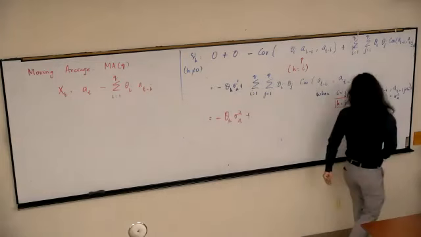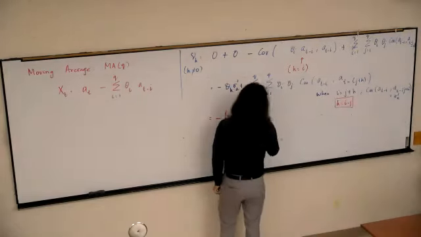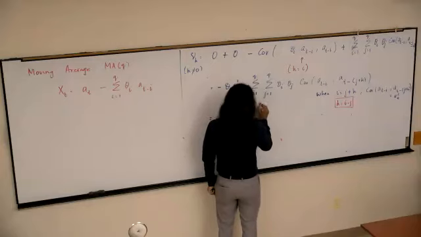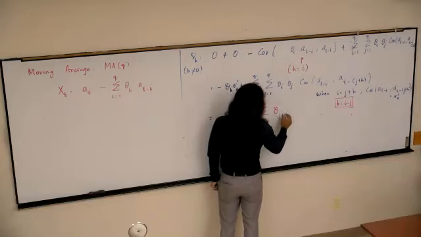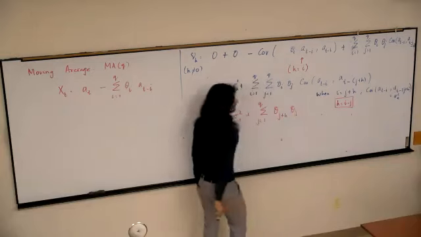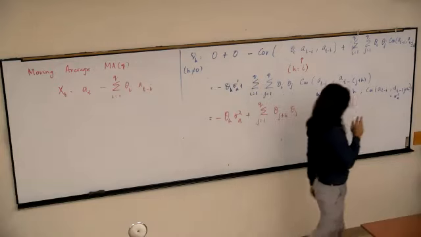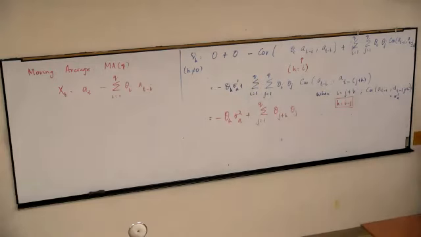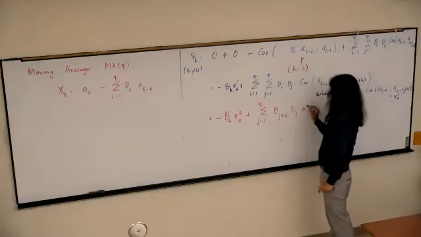If I use this condition that i is equal to j plus h, I can write theta j plus h times theta j. The sum that depended on both i and j would reduce to a sum that simply depends on j, and sigma squared a.